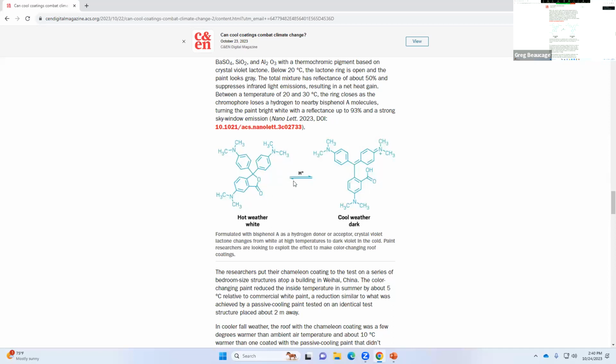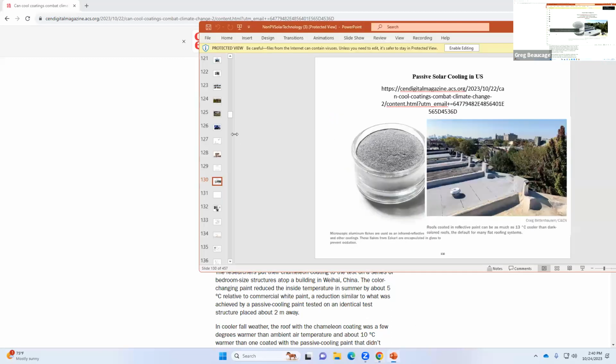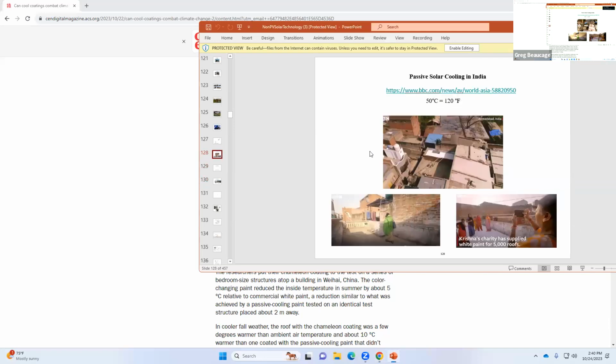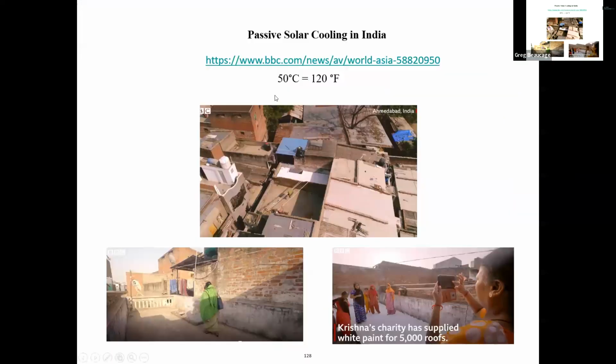This cooling and heating is a pretty big deal with climate change. Like in India, this is a BBC thing about people in New Delhi. 50 degrees C is normal there now. They're getting 120 degrees, so hot.